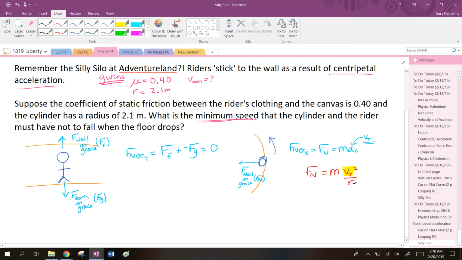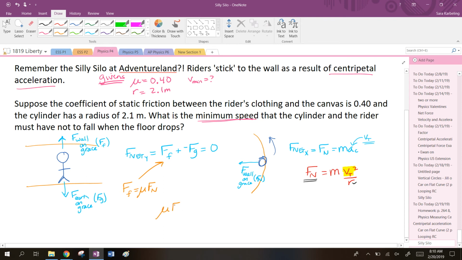Do we know her mass? Nope. Let's see if we need it. And then we've got the normal force. I don't know what the normal force is, but luckily I've got that other equation that says FF is equal to mu Fn. So right here, instead of FF, I'm going to throw in mu Fn.